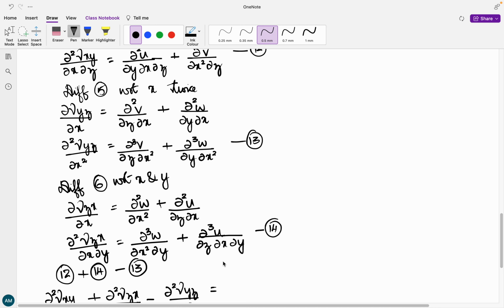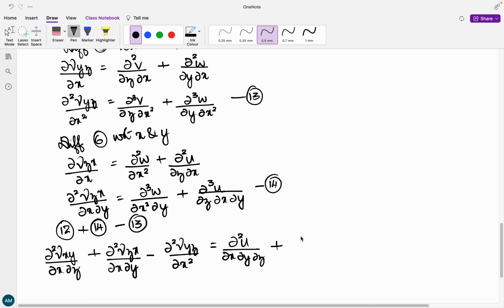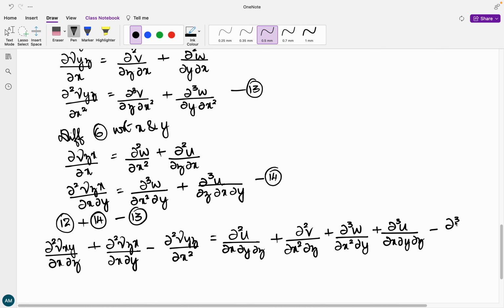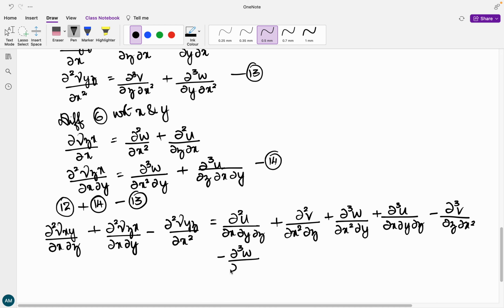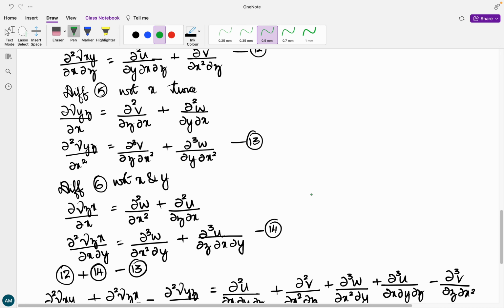On the LHS, we have ∂²u/∂x∂y∂z, and I can rearrange the terms, there is no problem over here, ∂²v/∂x²∂z. Then the 14th equation, ∂³w/∂x²∂y plus ∂³u/∂x∂y∂z, minus the 13th ∂³v/∂z∂x² minus ∂³w/∂y∂x².